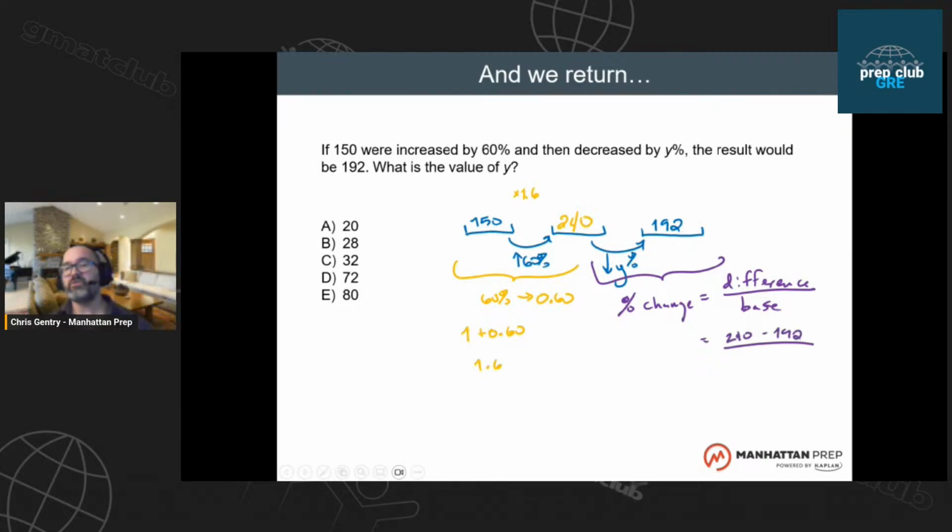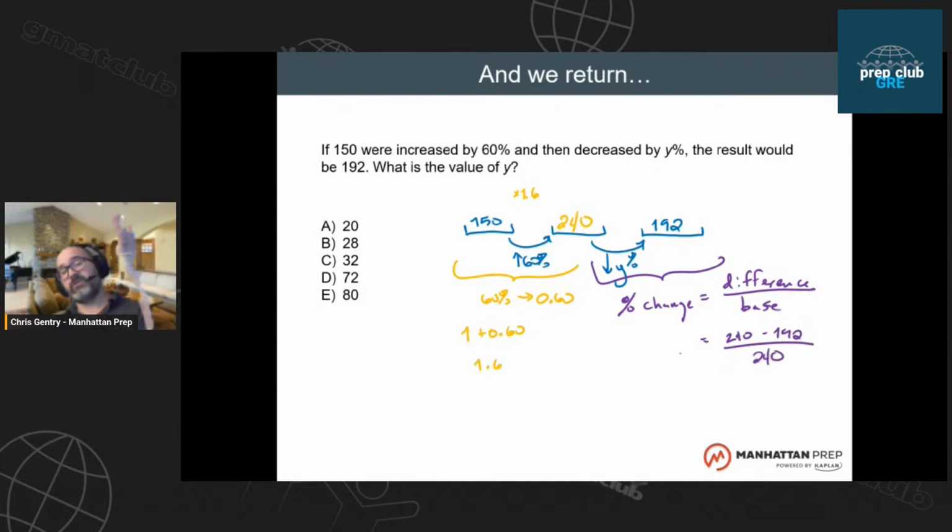Now, which one is the base value here? The 240 or the 192? The base value here is your 240. This is why I like to draw the little arrows, to show my intervals.